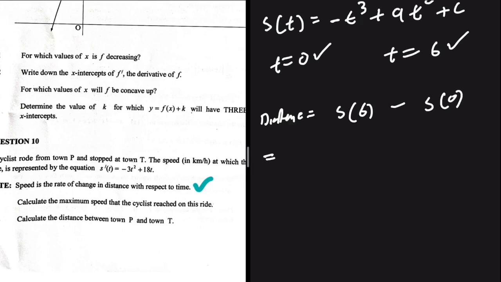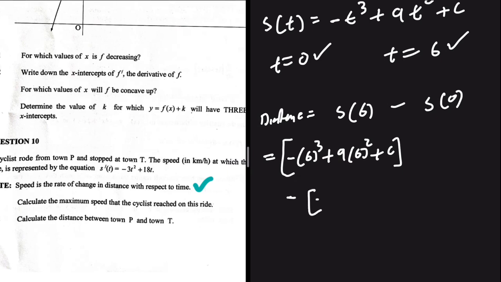s at 6, so here we have s of 6, right? So it's gonna be minus 6 to the power 3 plus 9 times 6 squared plus c. Okay, and then minus s at 0.